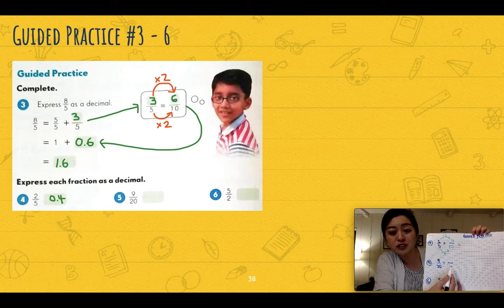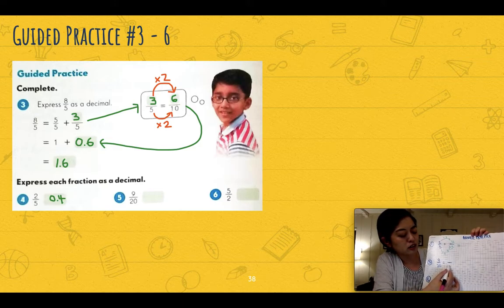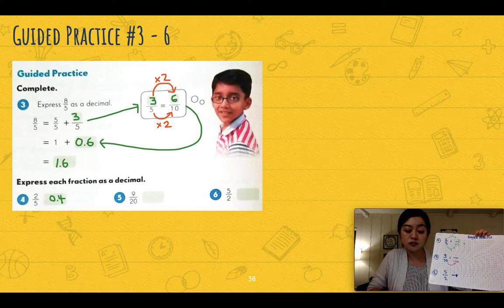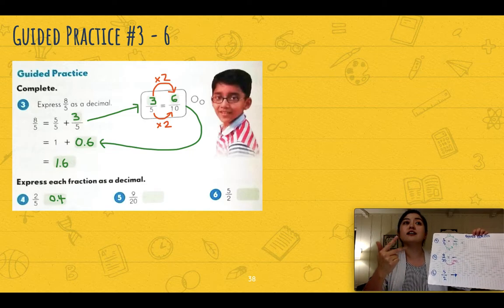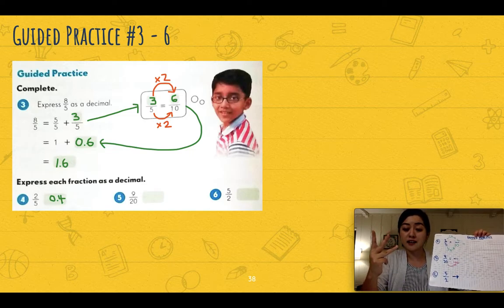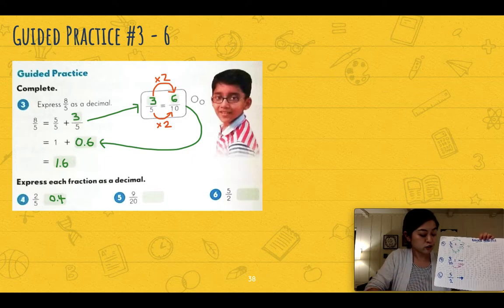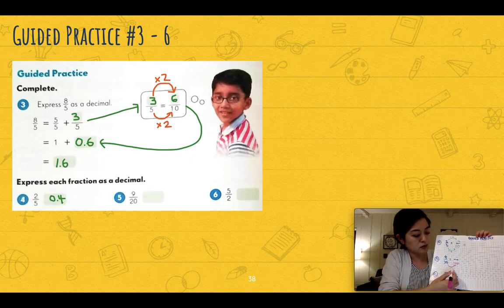So I'm going to use 100, okay? So 100. So 20 times what gets you 100? Let's see, if I count by 20s, all right? 20, 40, 60, 80, 100, okay? So there are 5 groups of 20 in 100. So 20 times 5 gets you 100.